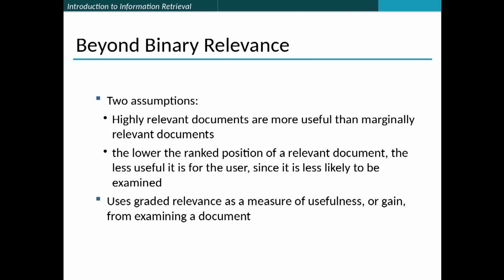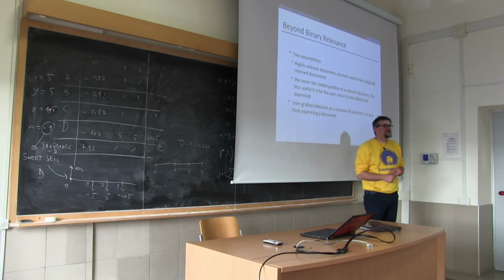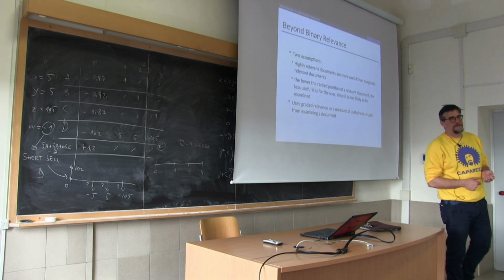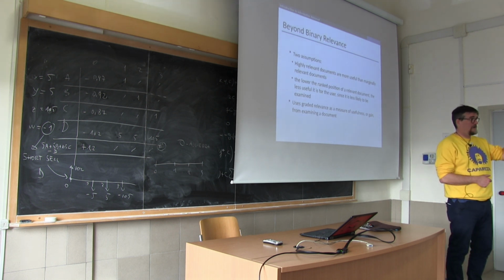Now, up to now, we considered binary evaluation, either relevant or not relevant. But we can consider other evaluation in which you ask the judges, I remind you, we have a collection, we have queries.